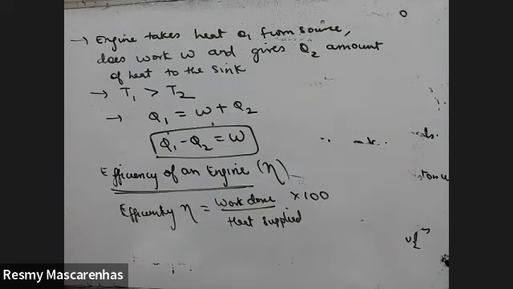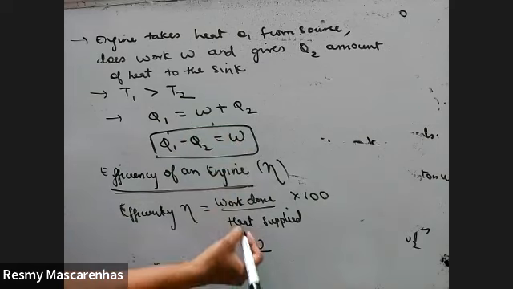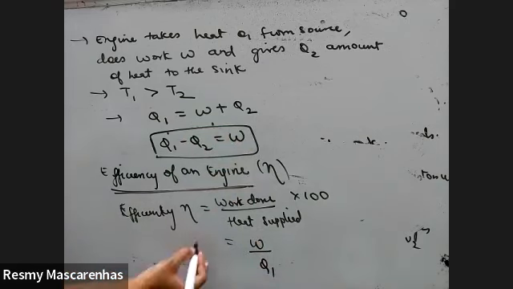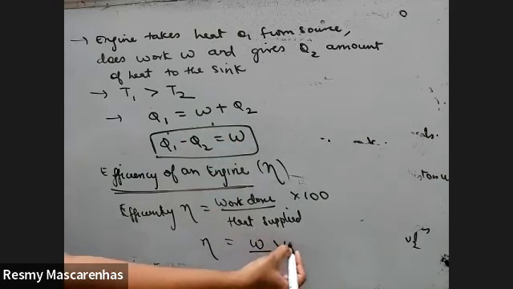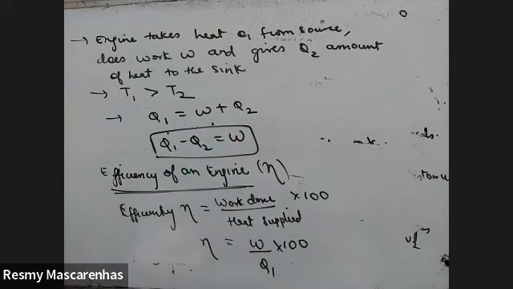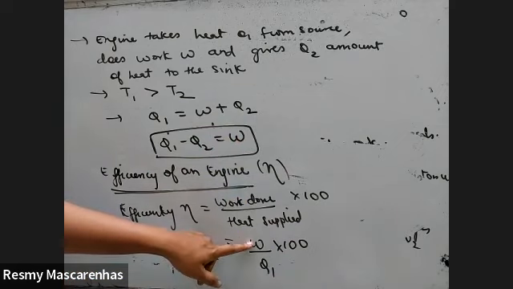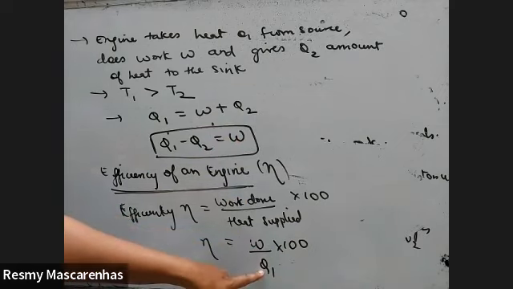Percentage means you have to multiply by 100. Now as per the formula, what was the work done? As per the diagram, work done by the engine was W, and the heat supplied to it was Q1.